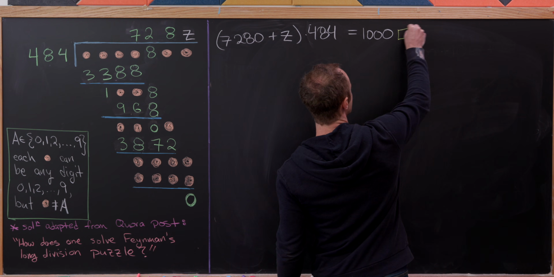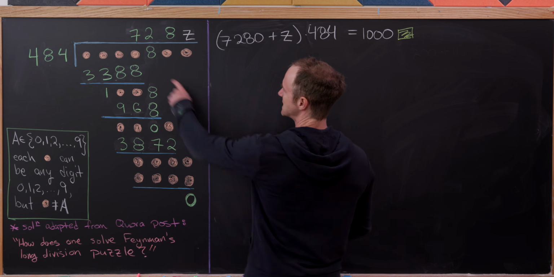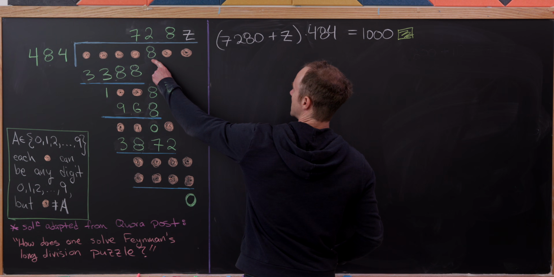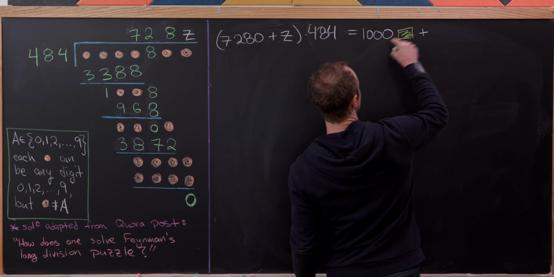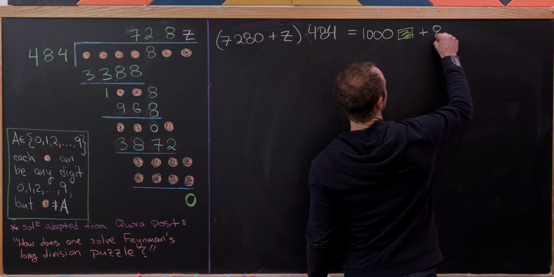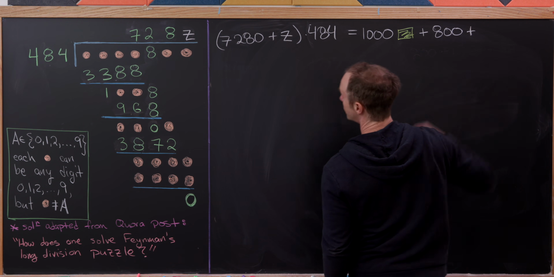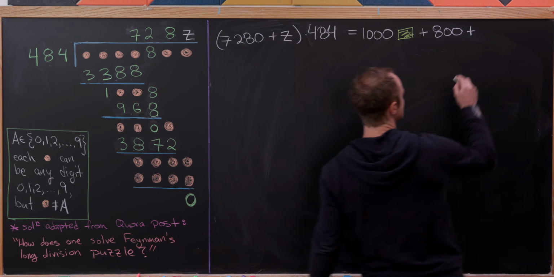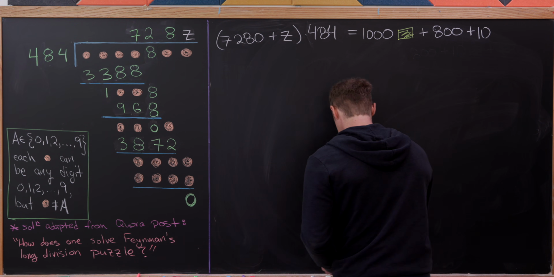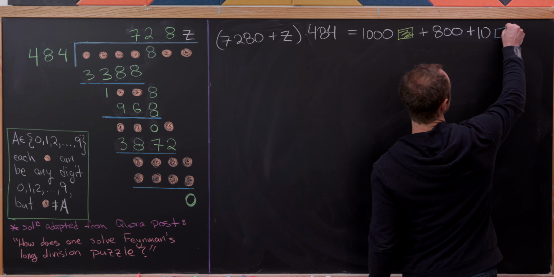And why am I chunking all that 1,000 together? That's because the only digit we know is the hundreds digit, so we want to use that. So it's going to be 1,000 times something plus 800 plus, well, we've got a tens digit and a ones digit. So just like we've been doing, I'll write that as 10 times some unknown.